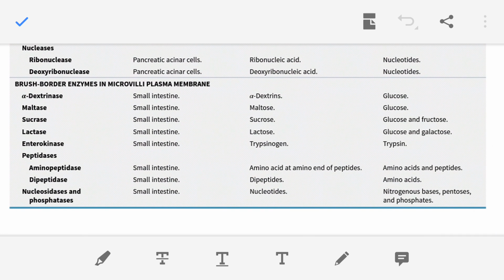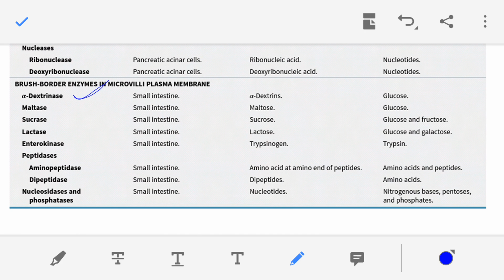Then here, the brush border enzymes. Where are they present? In the microvilli, on the plasma membrane. So the mucosal epithelial cell of the small intestine is the enterocyte cell, and this is the apical membrane of the enterocyte cell.